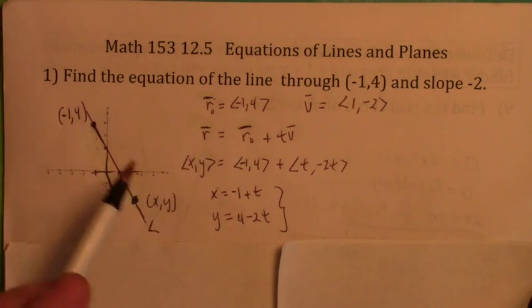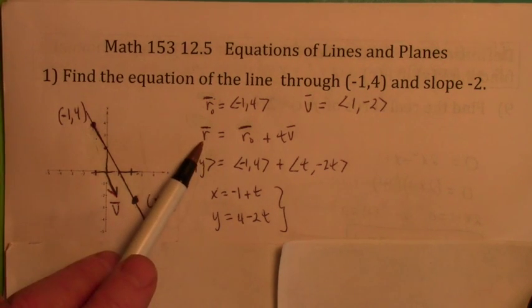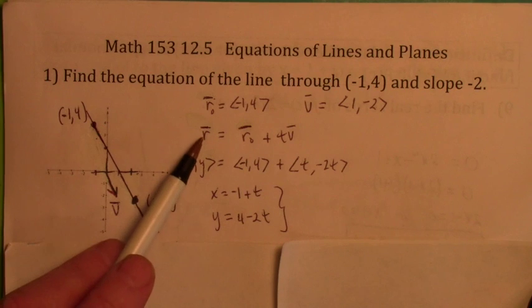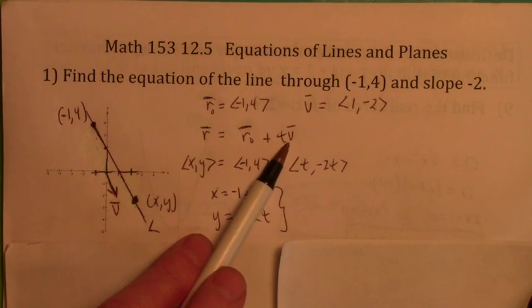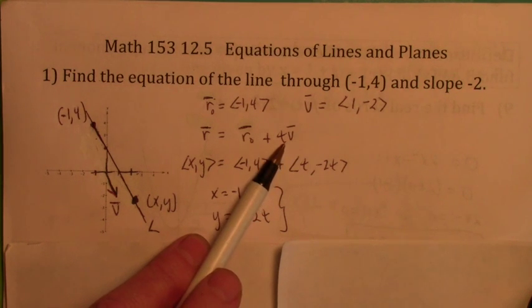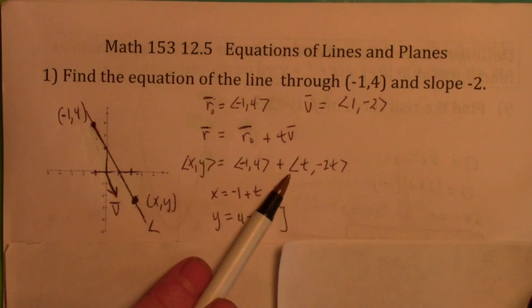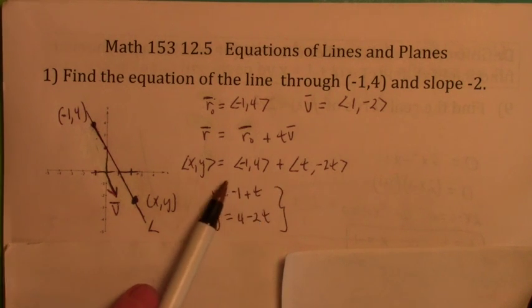If (x, y) has the position vector r, you could think of it as starting at this point and moving a certain distance along the parallel vector for the line, or the direction vector for the line. If you look at the components of each of these and add them together, you get the parametric equations for the line.